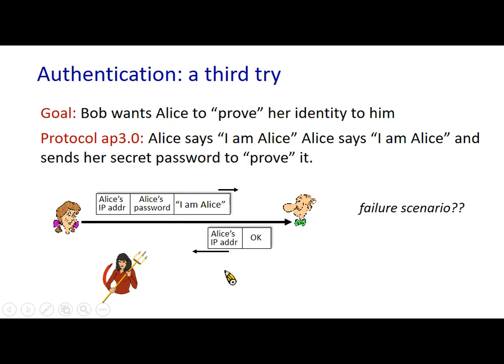Authentication, a third try. Bob wants Alice to prove her identity to him. Protocol AP 3.0: Alice says "I'm Alice" and sends her secret password to prove it, along with her IP address.